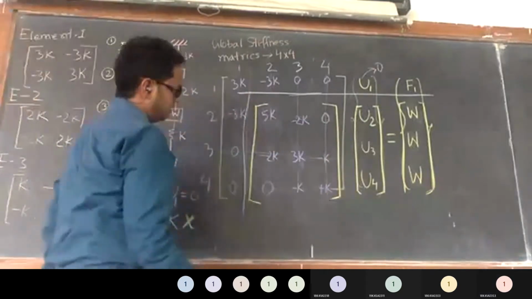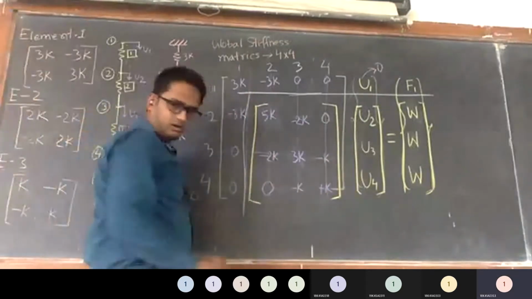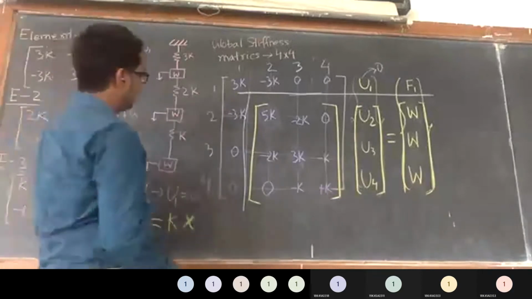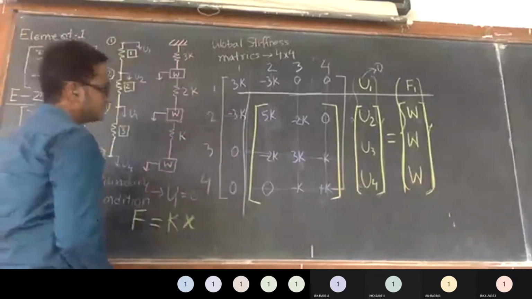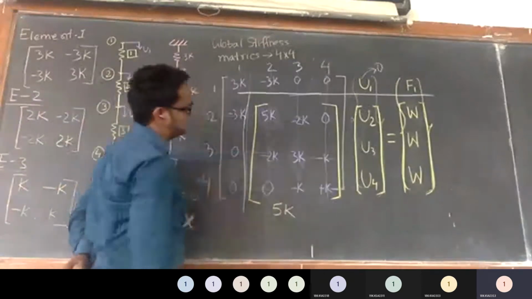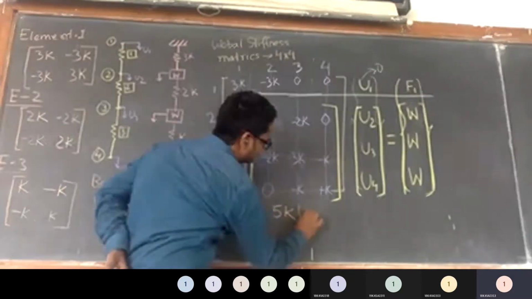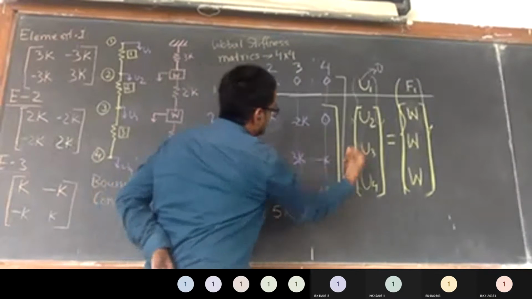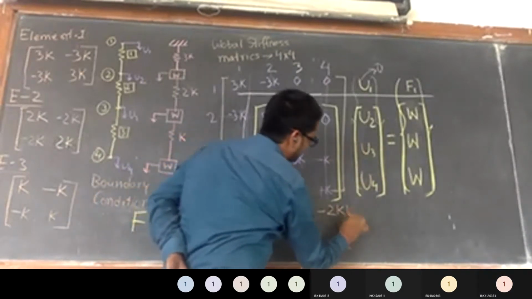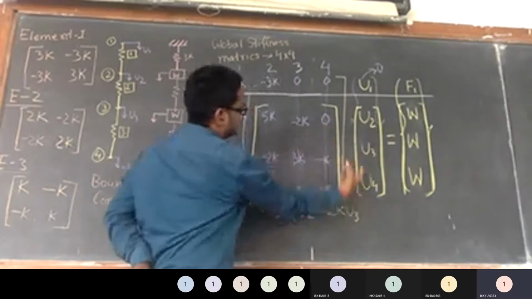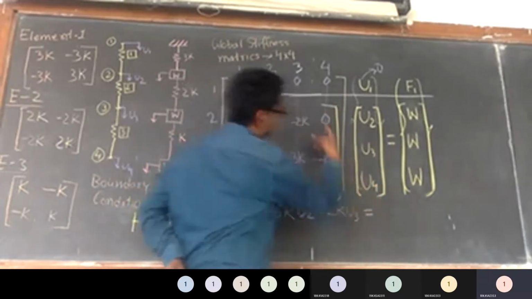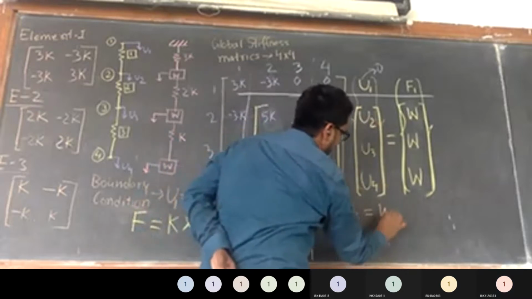What will be those three equations? The first is 5k u2 minus 2k u3, plus 0 into u4, which becomes 0, equals to W.